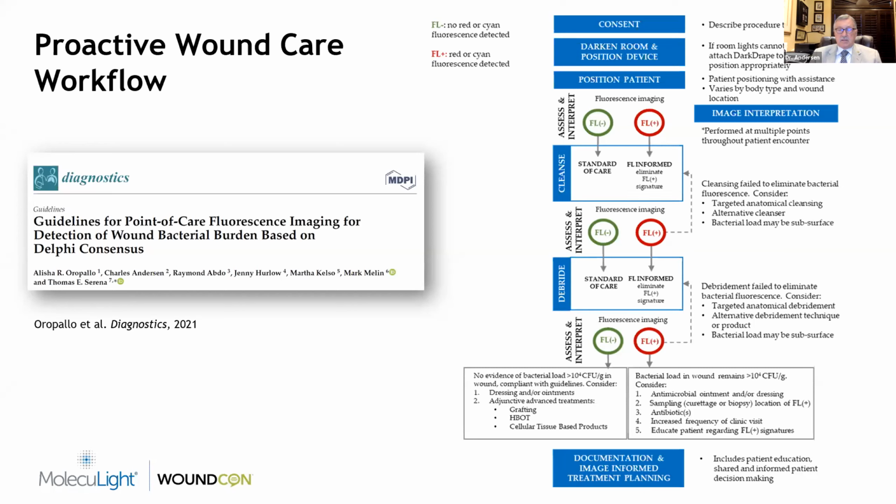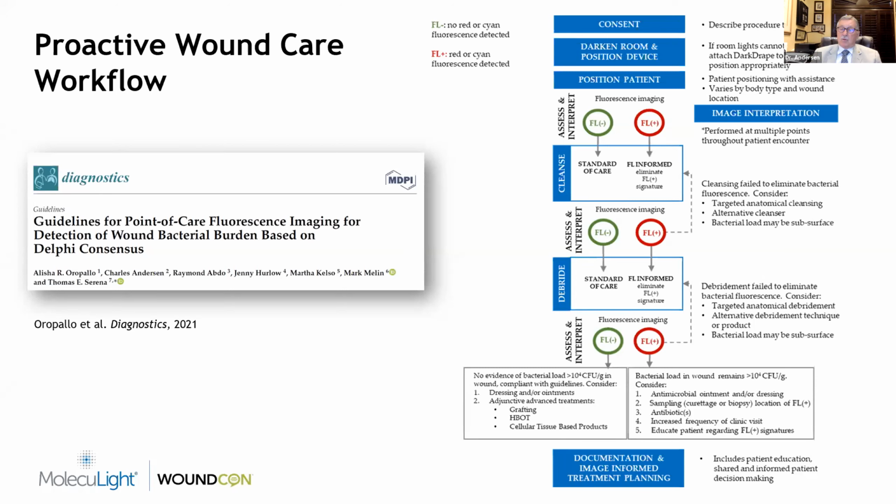So this is a flow chart that's part of that paper that gives some guidance in patient flow with use of the MolecuLight scanner. So after a history of physical, clinical assessment, then an image is taken, the wound, the room is darkened, and a fluorescence scan is obtained.